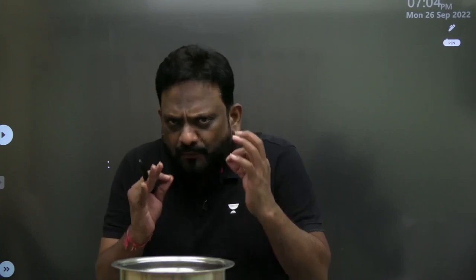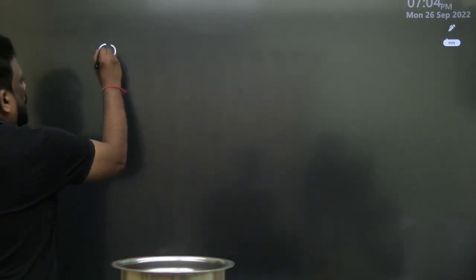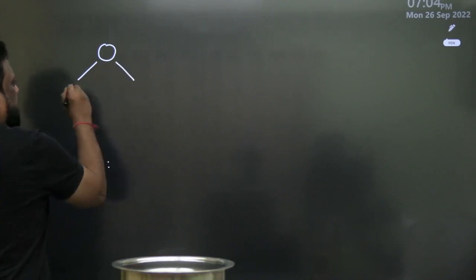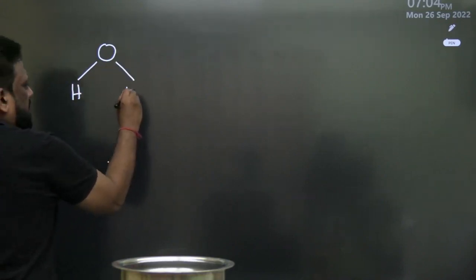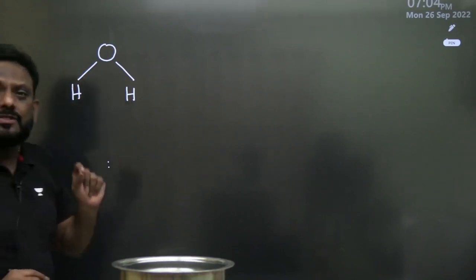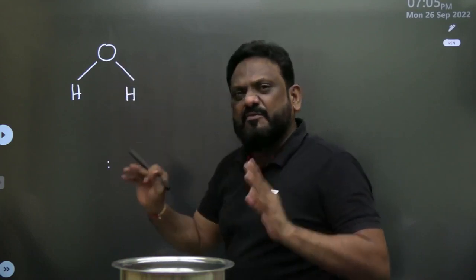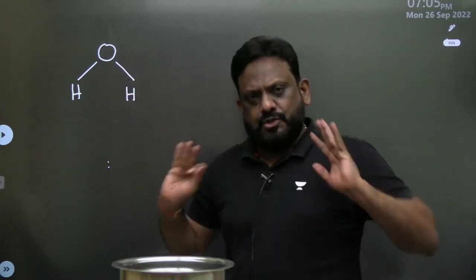why it is happening. Before we go to this, let us take a water molecule. Understand carefully, this is our water molecule. These bonds are known as covalent bonds, and they are very strong. They keep the water molecule in its complete form.